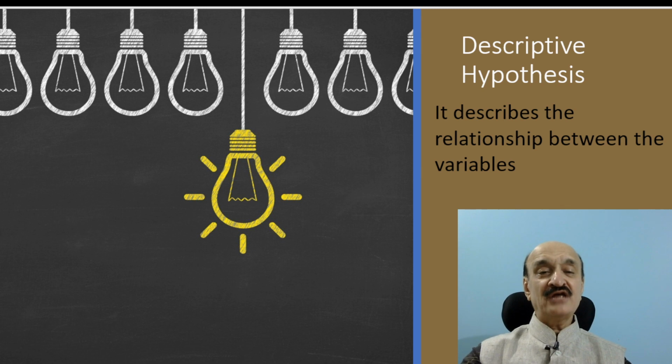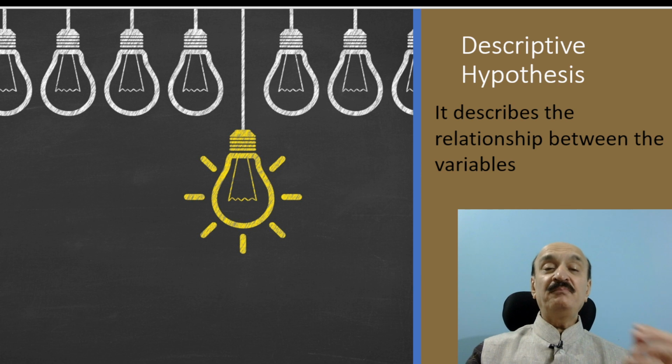Now let's understand the first type of hypothesis, which is called a descriptive hypothesis. But let's again go back to hypothesis and understand that it is basically a relationship between the dependent and independent variable.